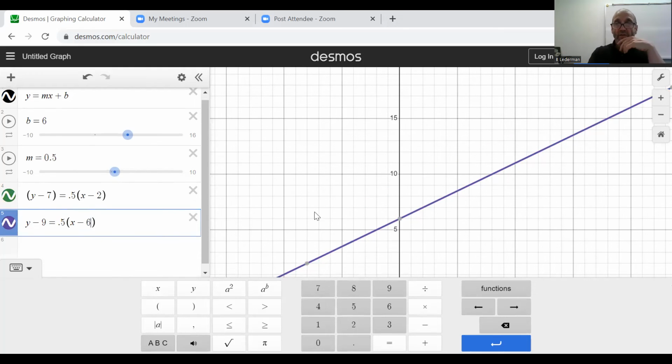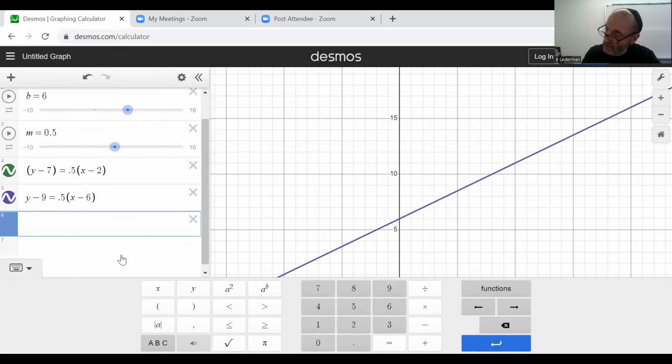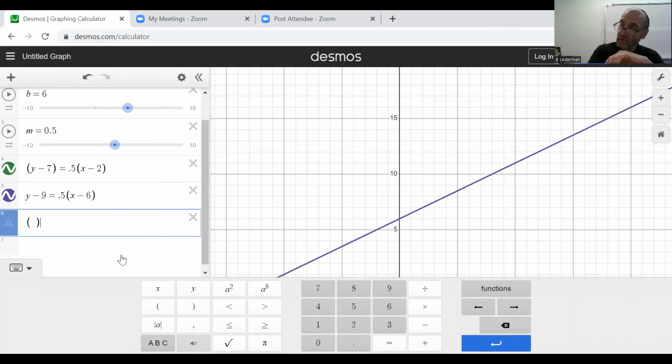And look at that. Again, it's all good. I want to make sure that the 2 points I started with are on that line. So we started with the point 2 comma 7.